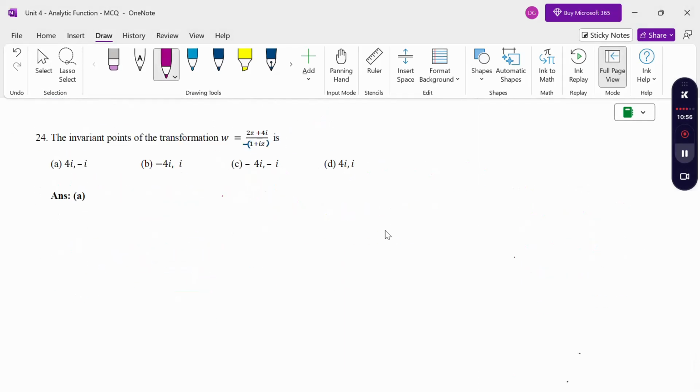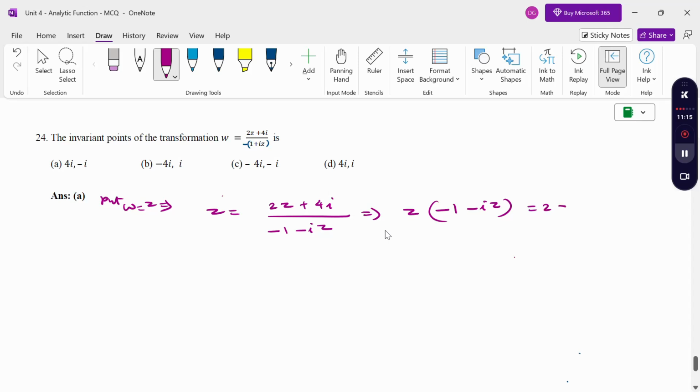And now here again the same, put w equal to z. Therefore z equals 2z plus 4i by minus 1 plus iz, that is minus 1 minus iz. On cross multiplication, z into minus 1 minus iz equals 2z plus 4i. So minus z minus iz square minus 2z minus 4i equals 0.